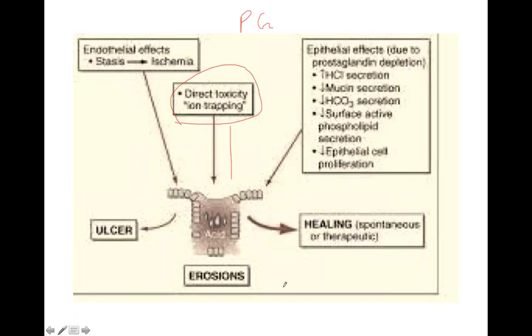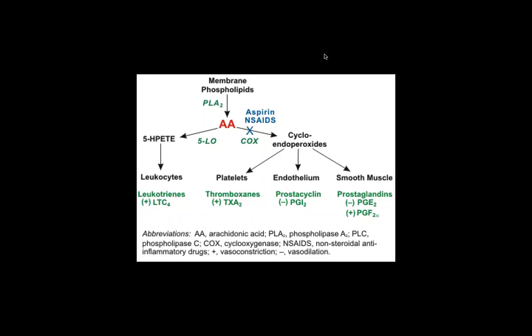Like we have the arachidonic acid pathway. As you can see, it forms either leukotrienes or thromboxane, prostacyclins, or prostaglandins. Okay, so aspirin or NSAIDs inhibit this cyclooxygenase pathway. So there will be decreased production of prostaglandins if we give the patient aspirin or NSAIDs. Prostaglandins have a protective effect on the mucosa.